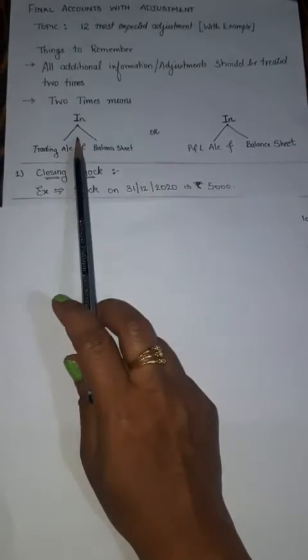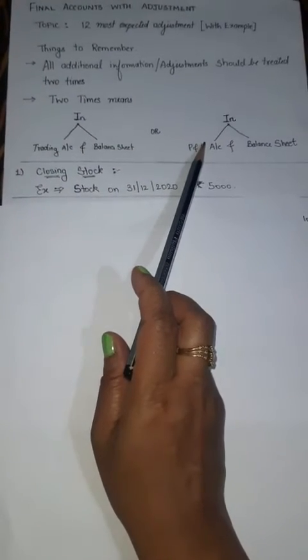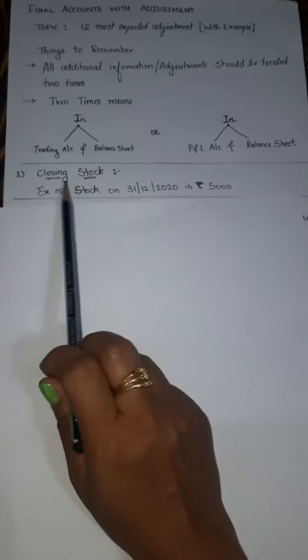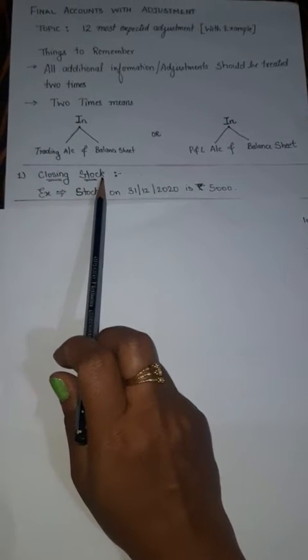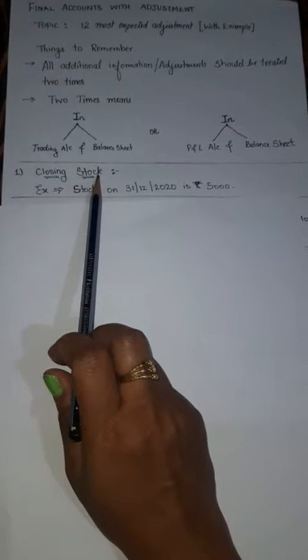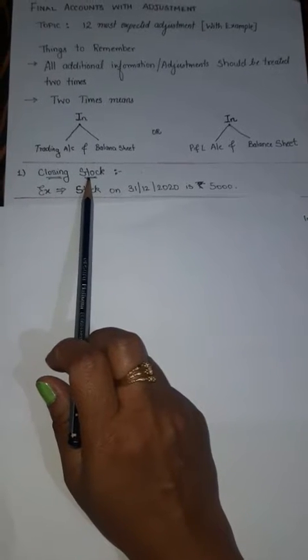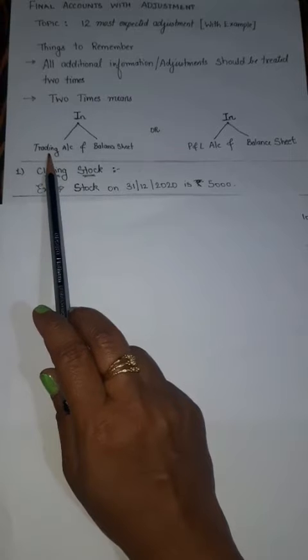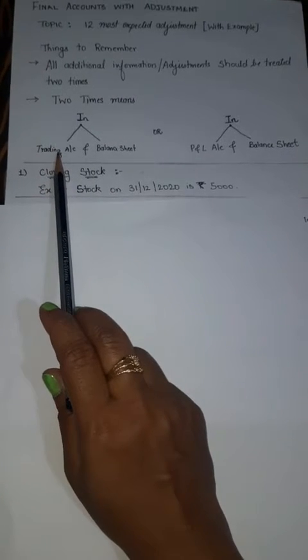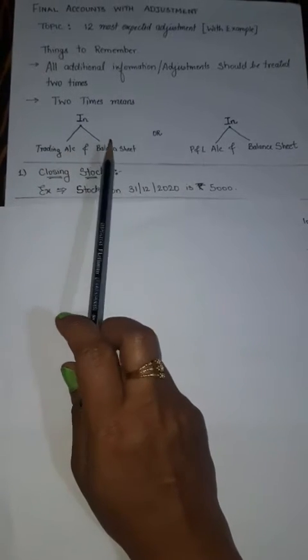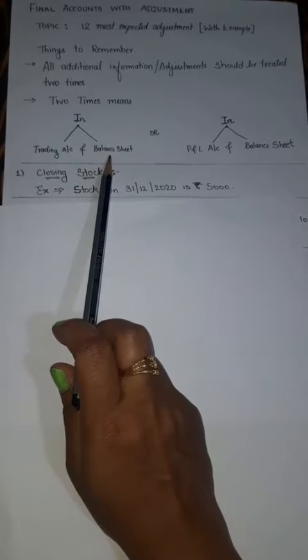So students, either of these two we have to go for when we are posting closing stock. Do you remember in yesterday's class where we posted closing stock? Yes, we posted closing stock in the credit side of trading account and the balance sheet asset side.